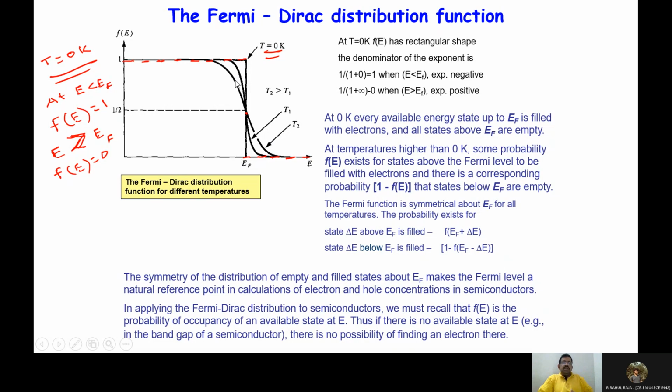Now, what is very important? This trace, what you see here, is actually symmetric about the midpoint. That's a beauty.